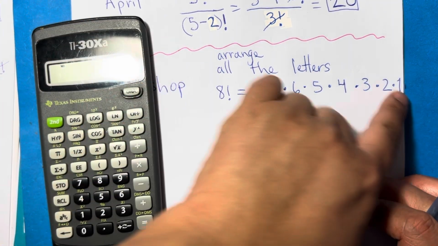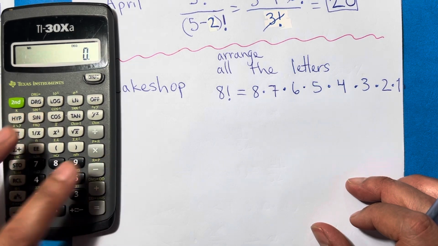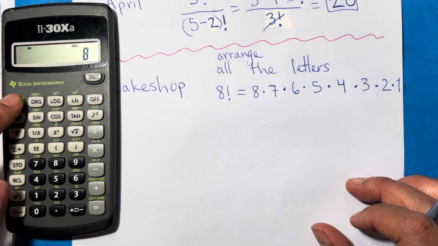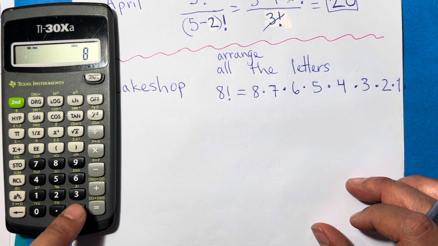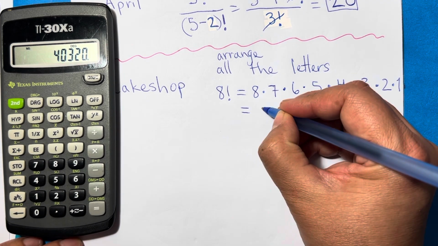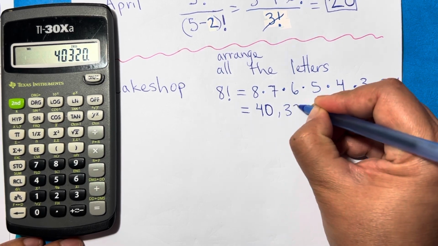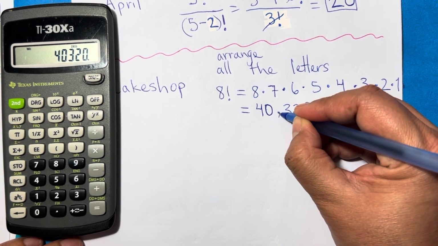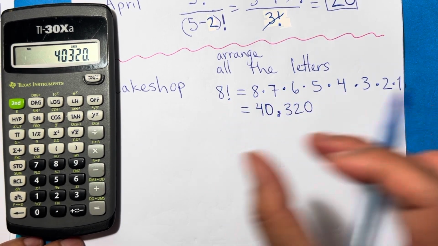So show your work, but then use your calculator, because look at the number that we're going to get. Okay, so it's 8 second, and sometimes it says shift, okay? And then factorial, so it's 40,320 possible outcomes or lists of combinations.